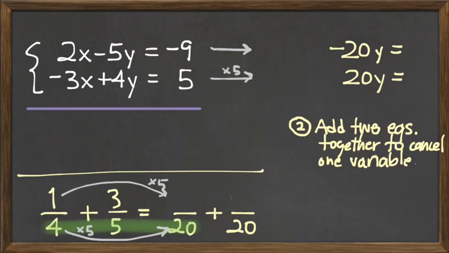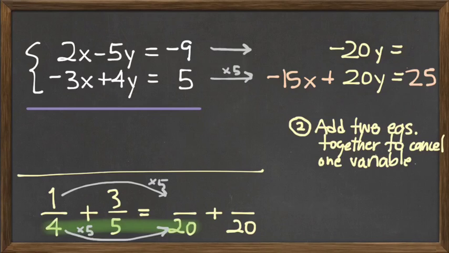Because if I do that, the coefficient of y is going to go from 4 to 20. But if I multiply that by 5, I have to multiply that whole second equation by 5. So the right-hand side of that second equation becomes 5 times 5, and the left-hand side 5 times negative 3. There we go.